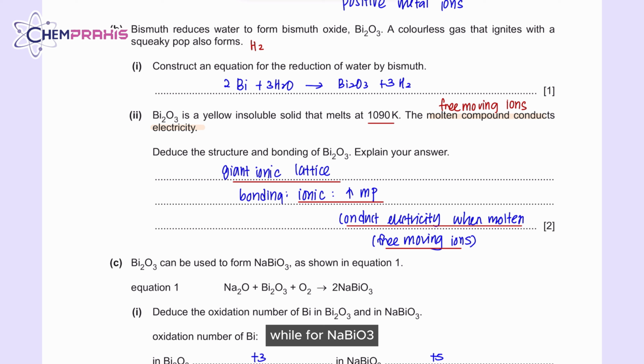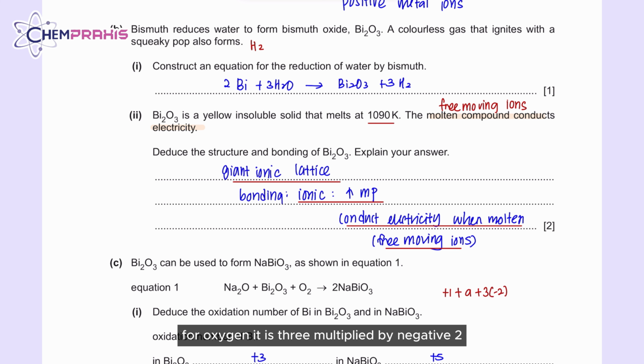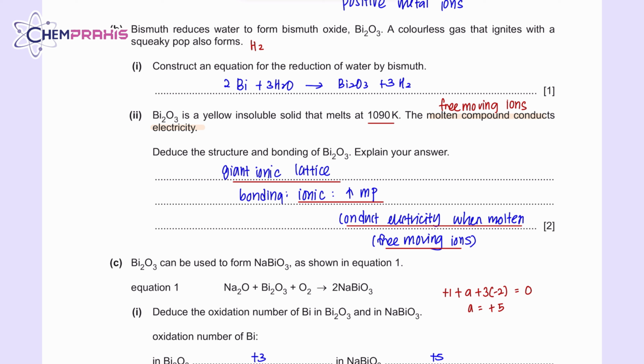While for NaBiO3, we need to work out the calculation. For Na, it is positive 1. For Bi, we need to find the oxidation number. For oxygen, it is 3 times negative 2. And the whole molecule is neutral, so it equals 0. From these calculations, we will be able to find the oxidation state for Bi.